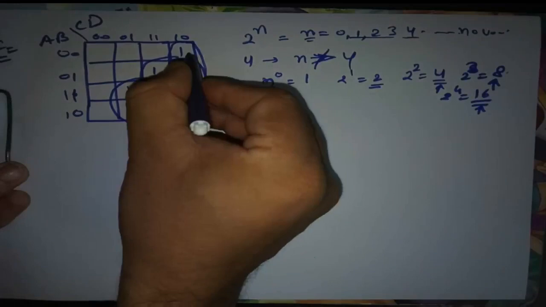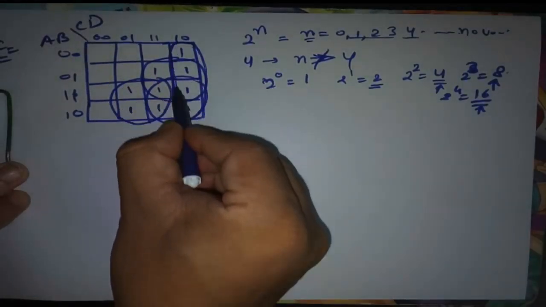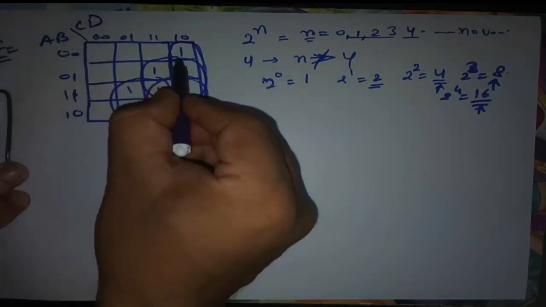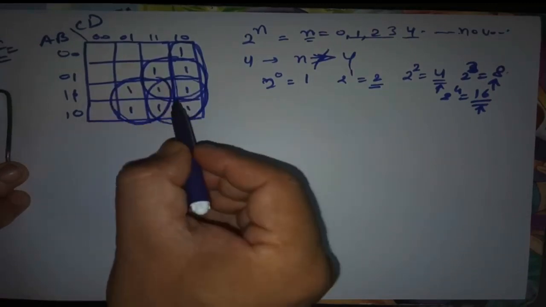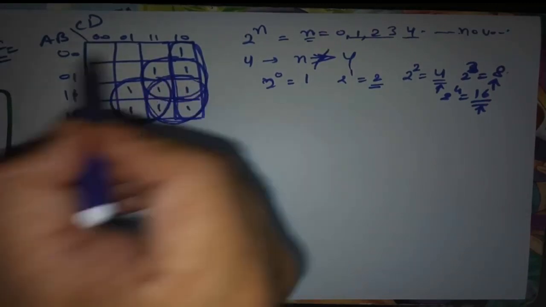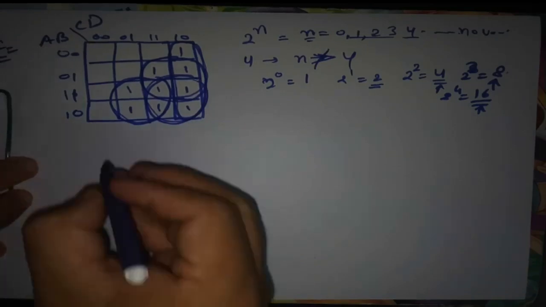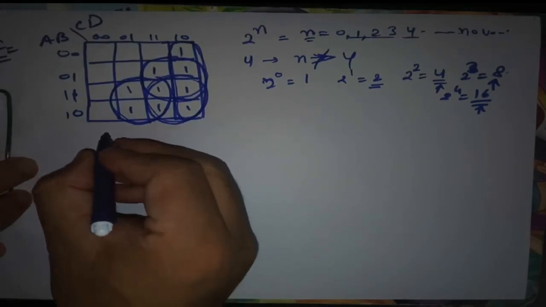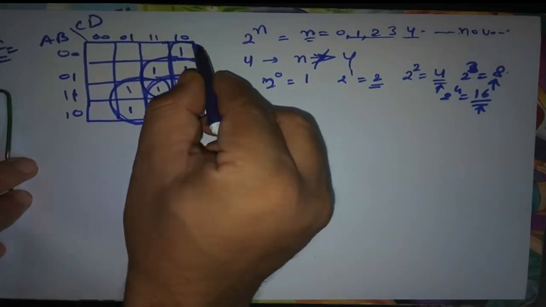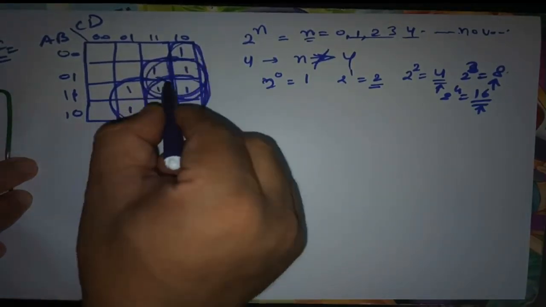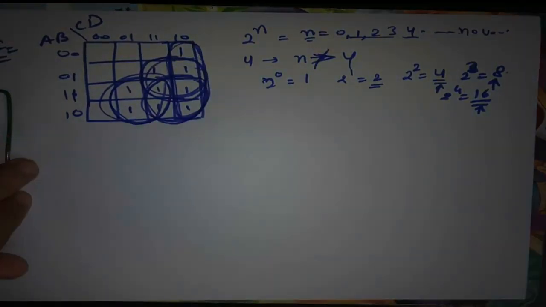That's why we are creating here a total of 4 cells, of 4 variables. Now according to this, we have a total of 4 prime implicants. That means this one, this one, this one, and this one. Clear?